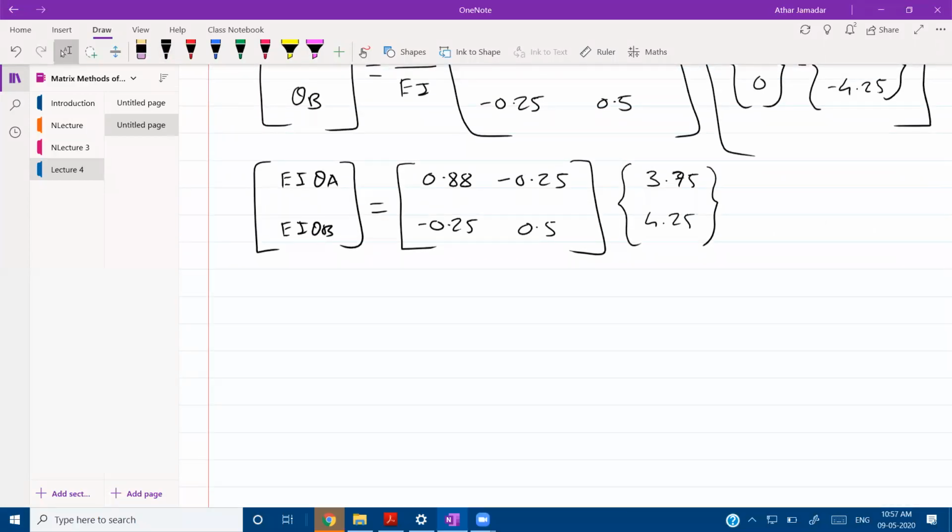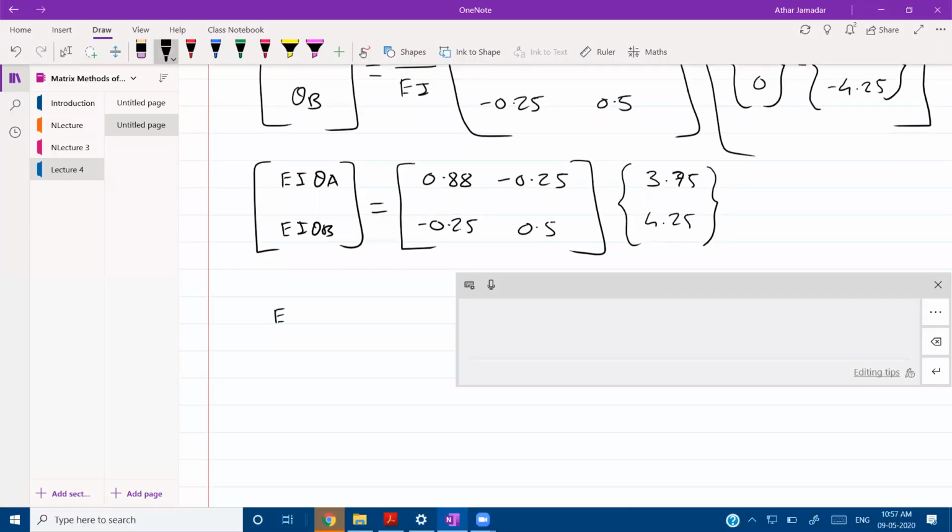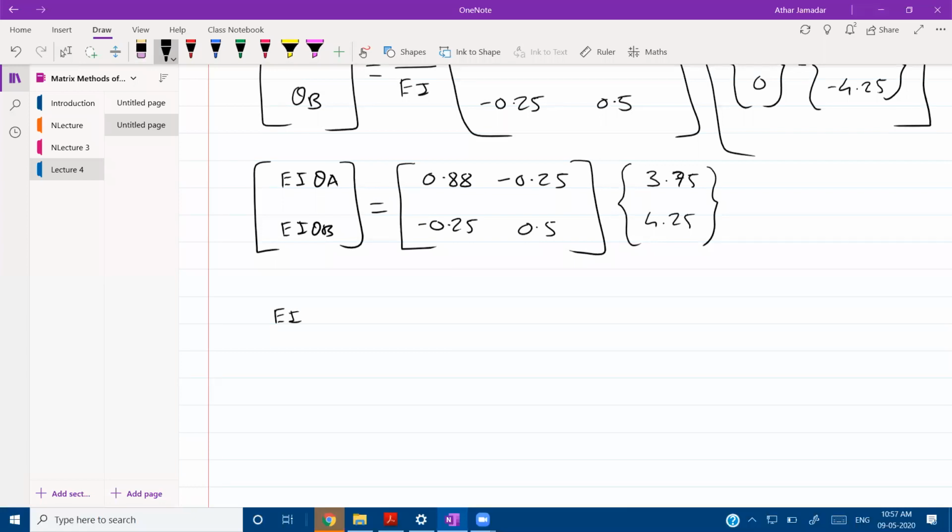I will do one sample calculation for EI theta A. EI theta A is going to be 0.88 into 3.75 minus 0.25 into 4.25. Let me calculate this value.